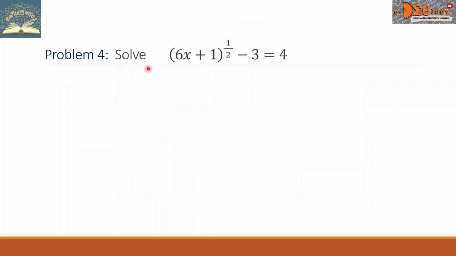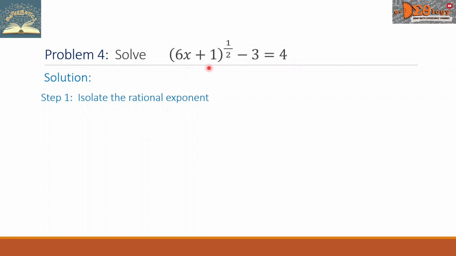Problem 4. Solve 6x plus 1, this group is raised to 1 over 2 power, minus 3 equals 4. We're going to do 2 steps. The step 1 is we isolate the rational exponent.